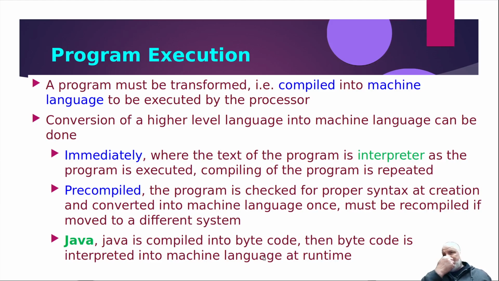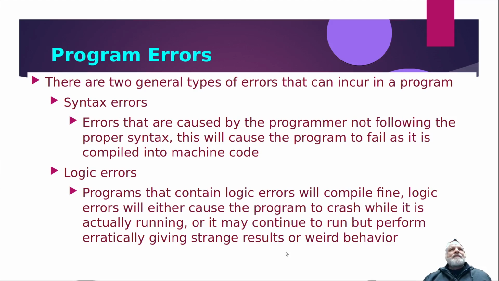So you could write the program and then run it on anything once you had this bytecode interpreter. So you would have to have an interpreter for each type of machine you were running it on. So it's kind of in between the two. It does a pre-compile into bytecode, but you still have to convert the bytecode to machine language when you run it.